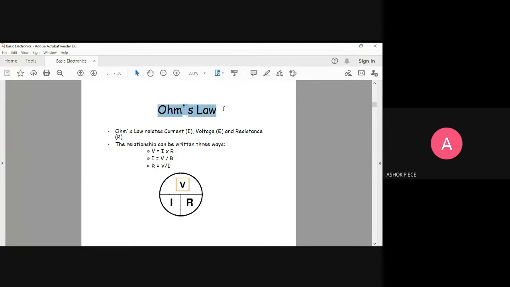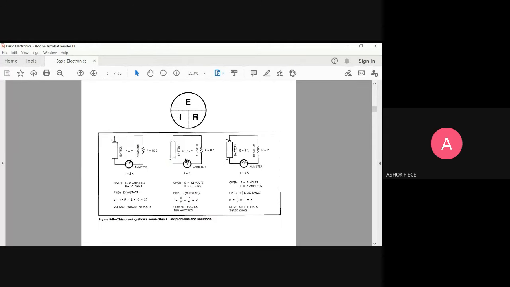Since Ohm's law links voltage and current, it became very popular in solving electronic circuits. Any circuit involving resistors, voltage sources and current sources, if you apply Ohm's law, you can get a better understanding of it. And in this slide, you have three variables, and if you know any two, you can find out the third.